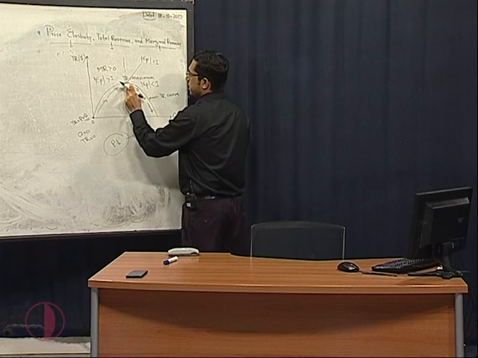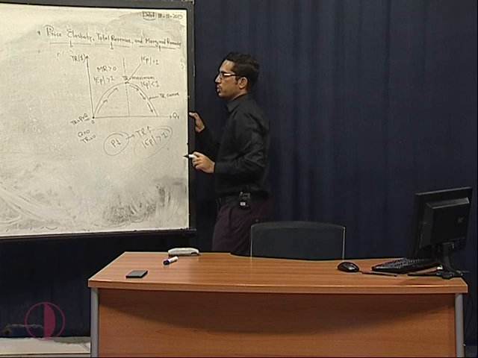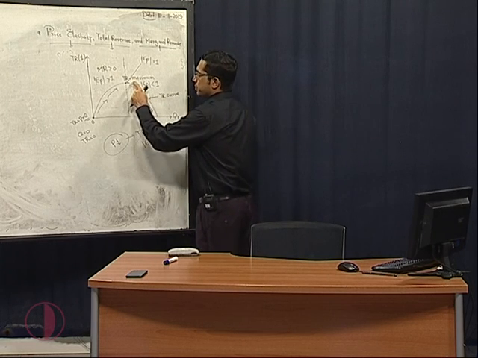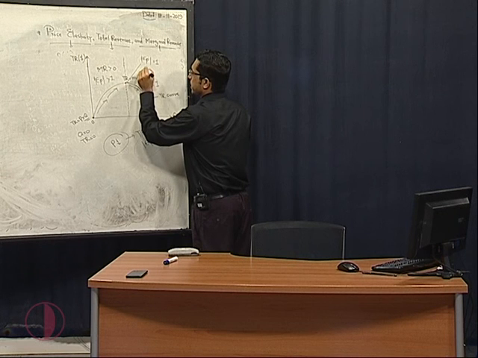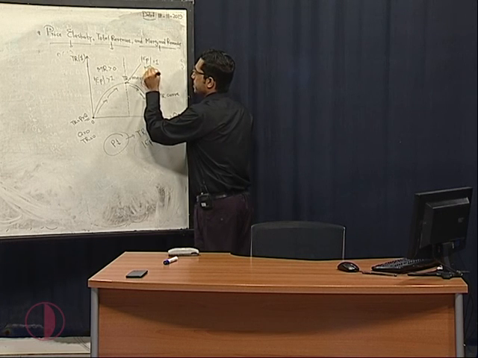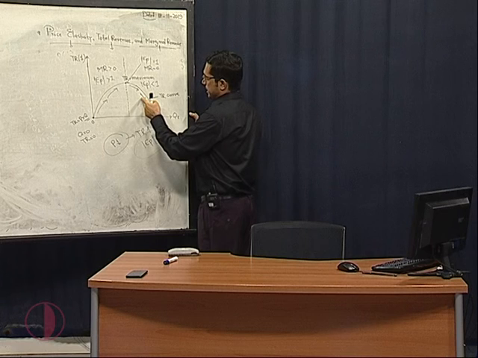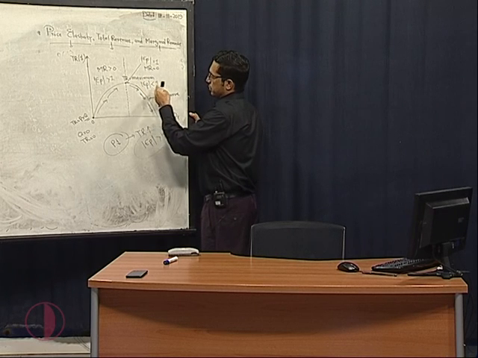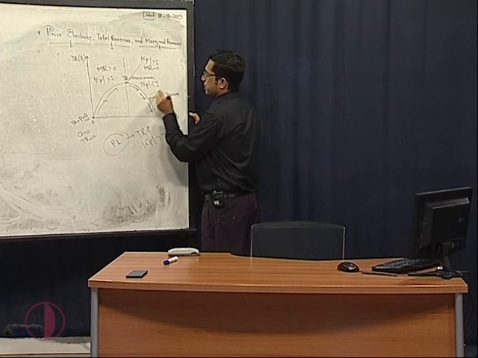At this point where the absolute value of the price elasticity of demand is equal to 1 and the total revenue of the firm is maximum, marginal revenue will be equal to 0.